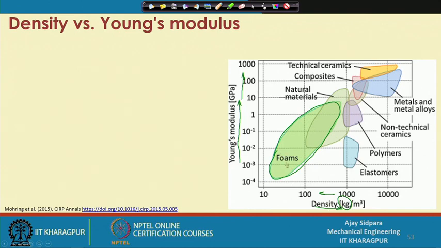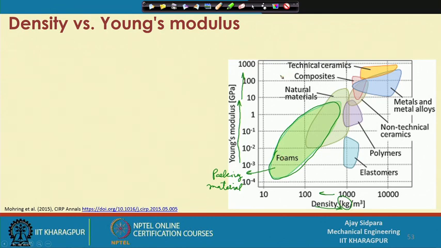Foam is mostly used as packing material. When you ship any component which is very important or very delicate, you wrap the component with foam and it will sustain impact loading or different types of loading.